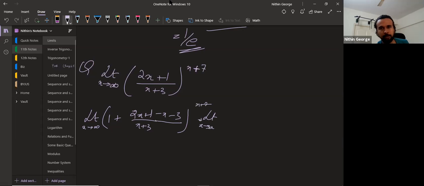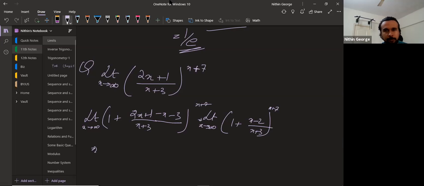Limit x tends to infinity, (1 plus (x minus 2) divided by (x plus 3)), the whole raised to x plus 7. And this makes it limit 1 plus something raised to something. So here what do you write this as?